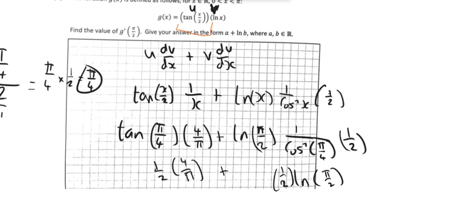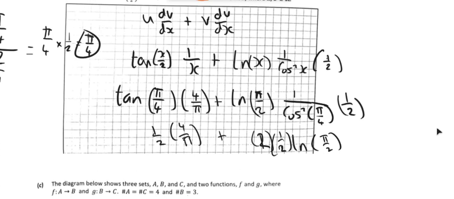The 1 over cos squared pi over 4, then that should simplify down into 1 actually. Is that right? No, 2, sorry. Yeah, that should simplify down into 2. So the 2 and a half actually cancel out.